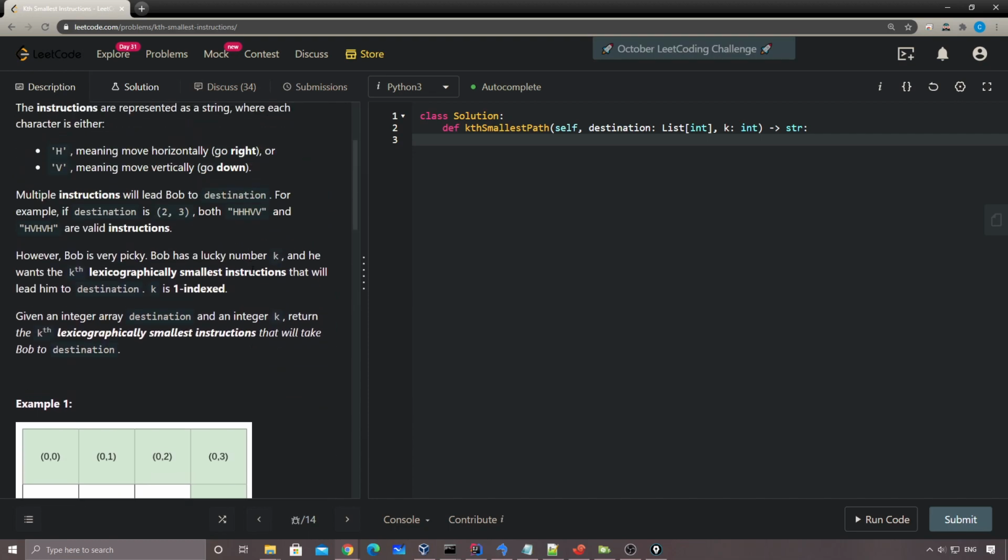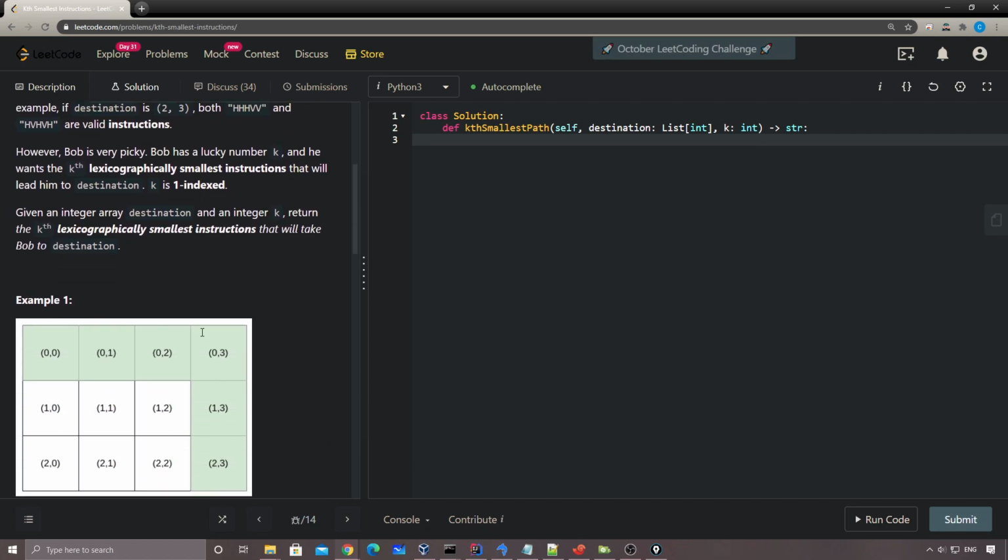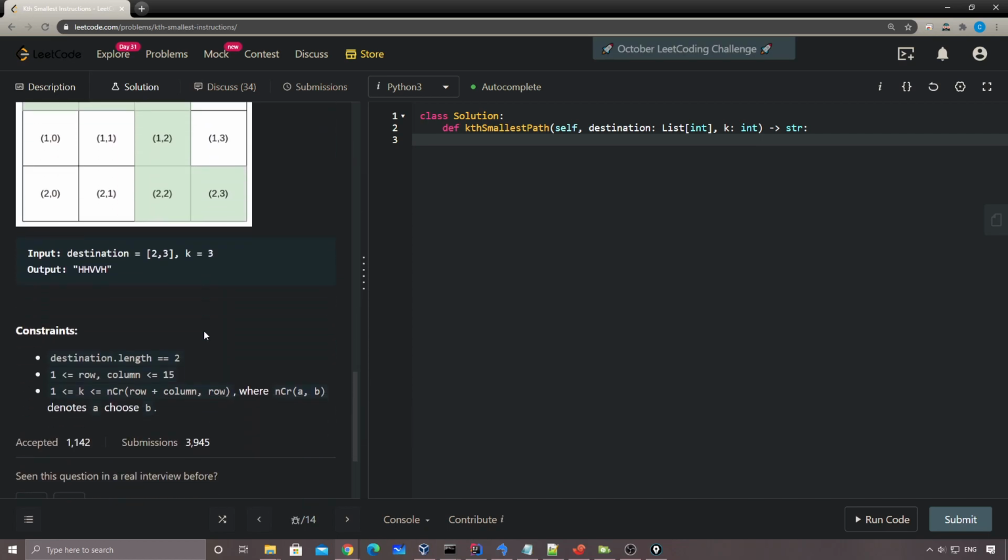So the intuition is like this. Actually, the problem already gave us some hints. The total number of combinations is n choose r, which is the combination of row plus column.